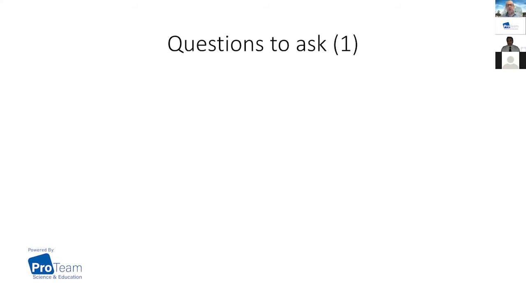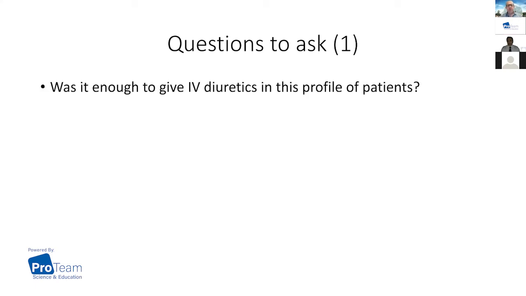This is one of the cases that we encounter in our practice as cardiologists and in emergency medicine. There are several questions that should be asked and hopefully will be answered in the coming 3 lectures. First, was it enough to give IV diuretics in this profile of patients?